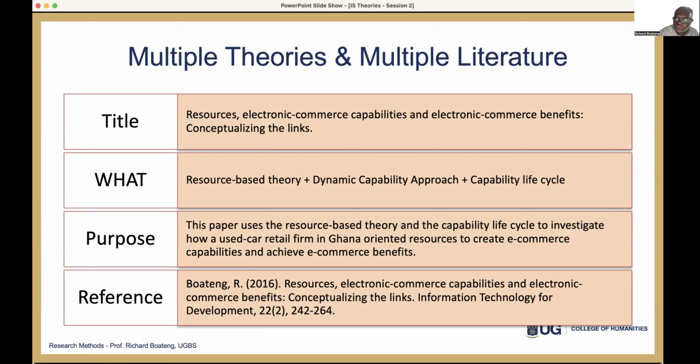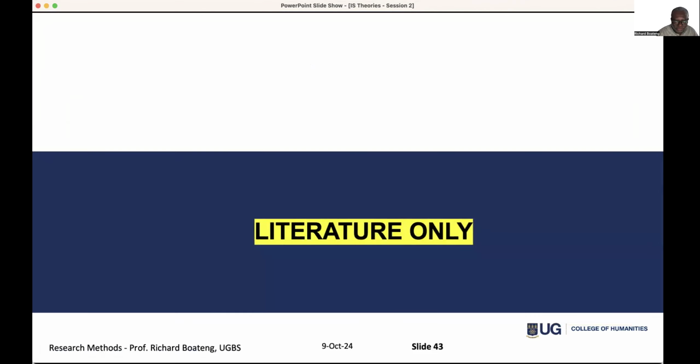This paper uses the resource-based theory and the capability life cycle to investigate how used car retail firms in Ghana oriented resources to create e-commerce capabilities and achieve e-commerce benefits. Okay. Good. So we're now going to look at an example from a paper. I'm loading the paper.